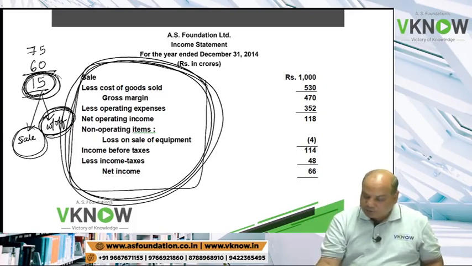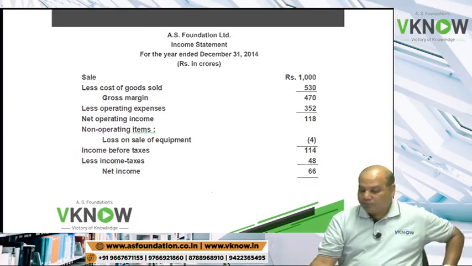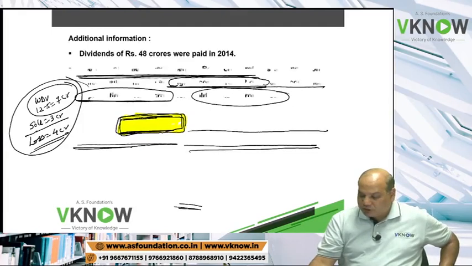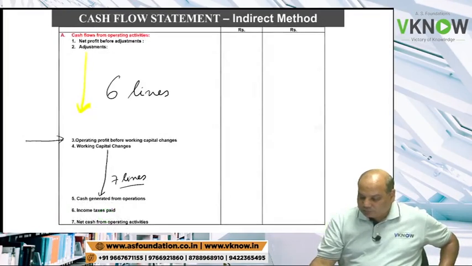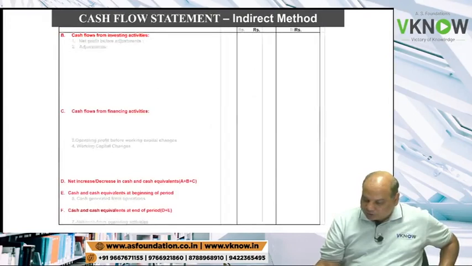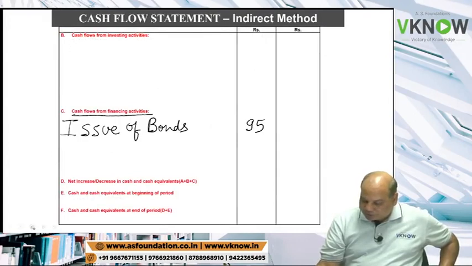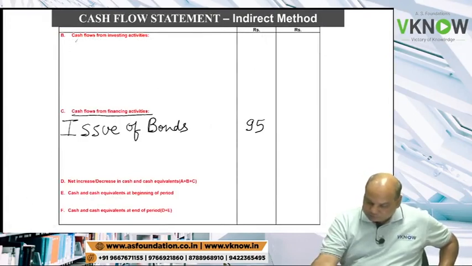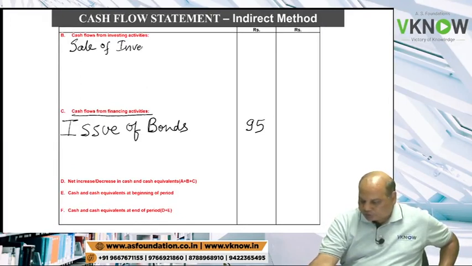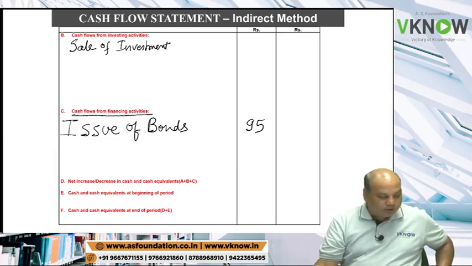So I will write this difference 15 in investment activity as sale of investment. It is not written off and it is not sold at a profit or a loss.